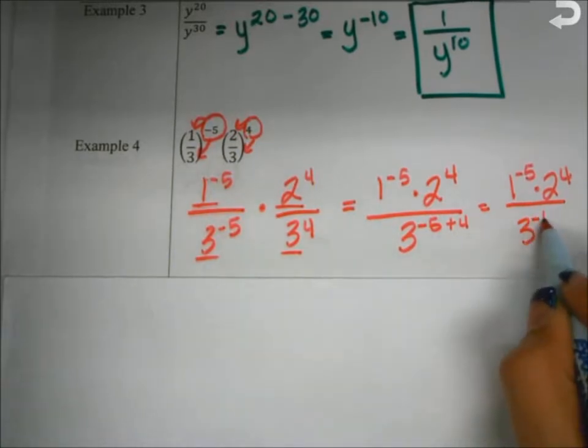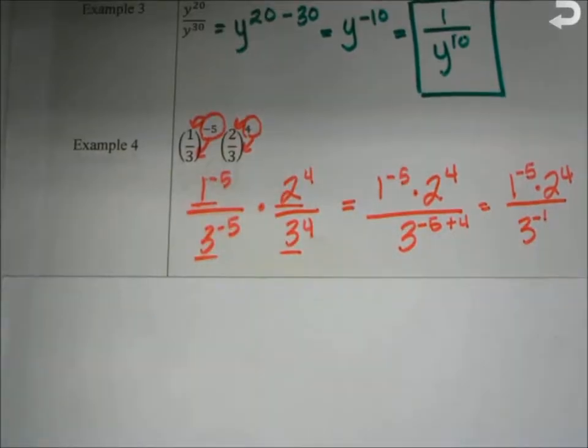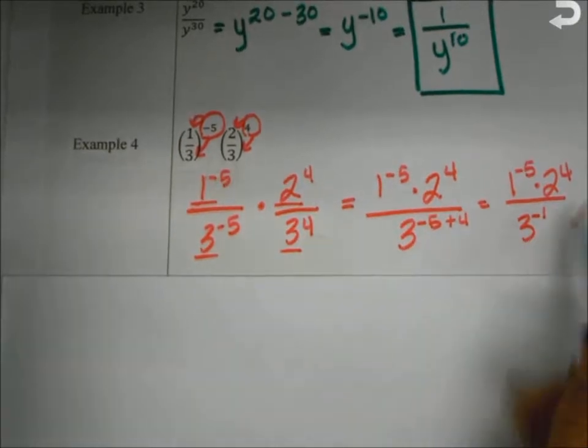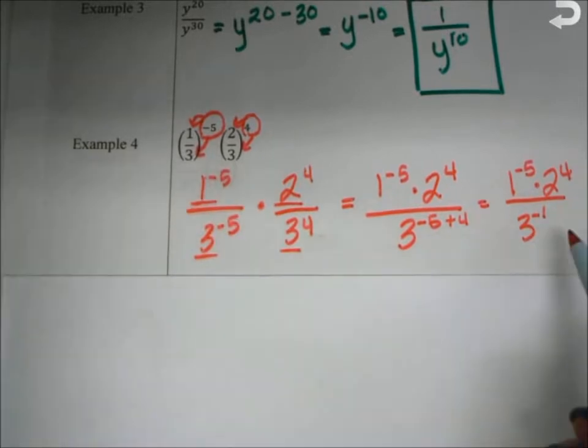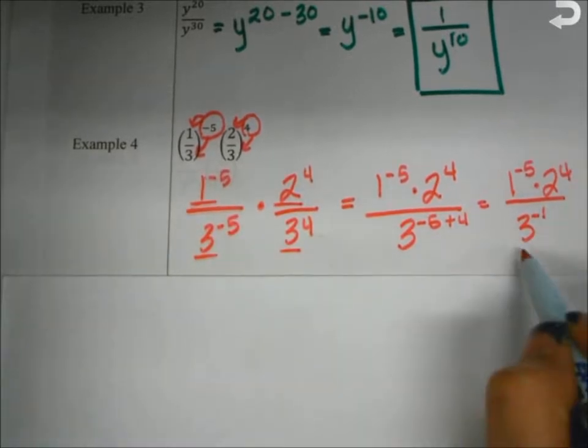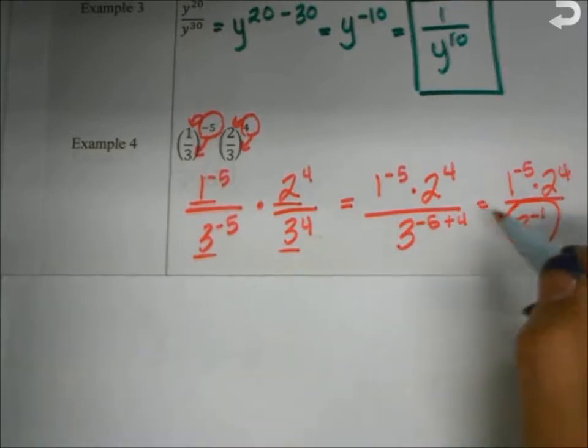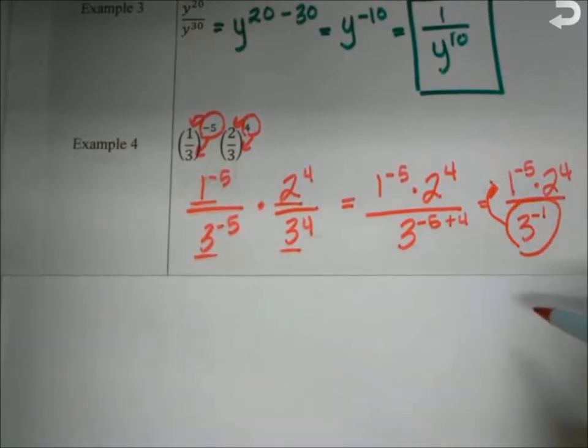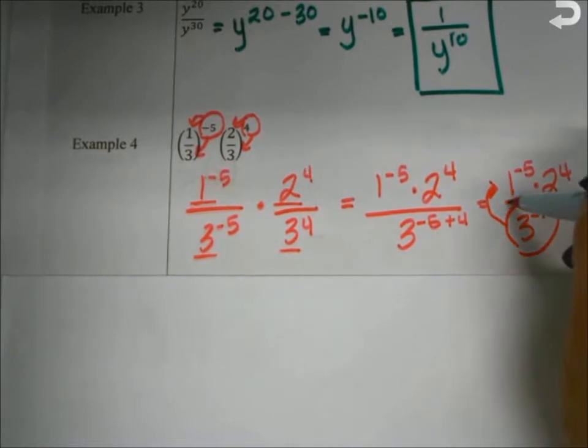Okay, now that I'm pretty much simplified as much as I can go so far, I'm going to worry about my negative exponents. This 3 to the negative 1 has a negative exponent, so to take the reciprocal, we're going to have to move that one up to the top. And this 1 to the negative 5 is going to have to move to the bottom to make those exponents positive.